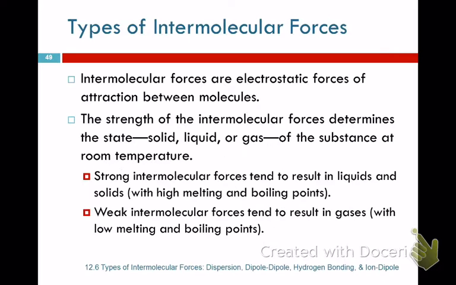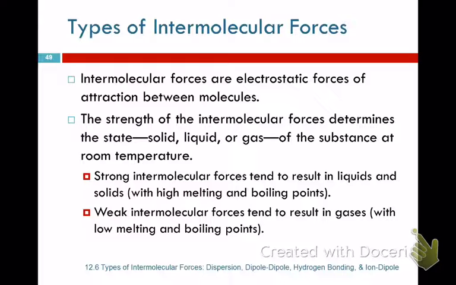Now, I'm going to go through these slides a little bit more word by word. I don't usually do that, but you do need to know these things, okay? So intermolecular forces we call electrostatic forces. That means charge separation. Coulomb's law, opposites attract.